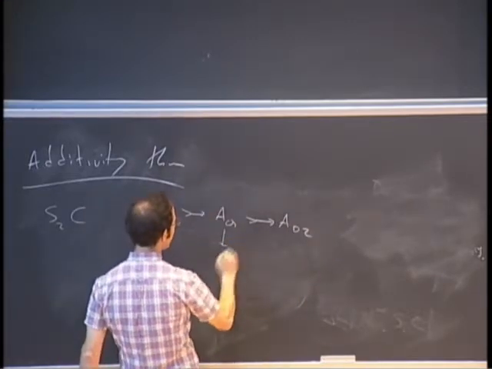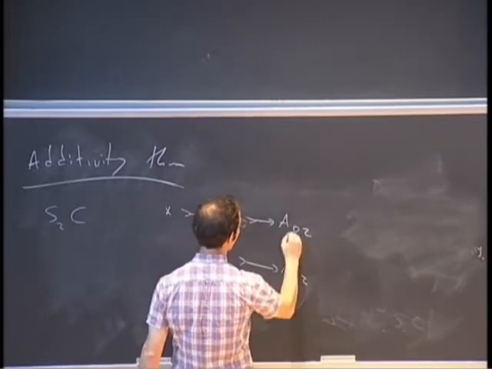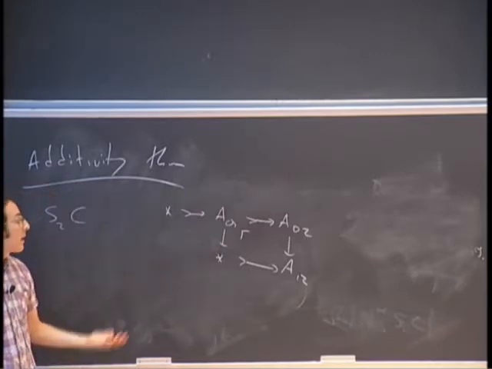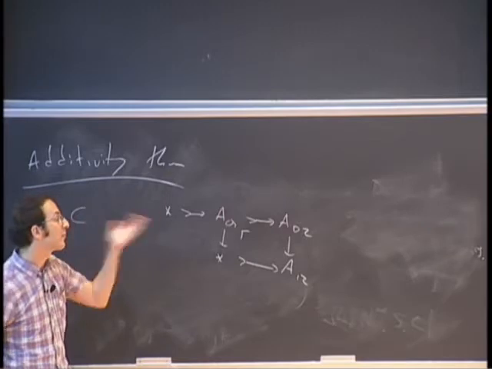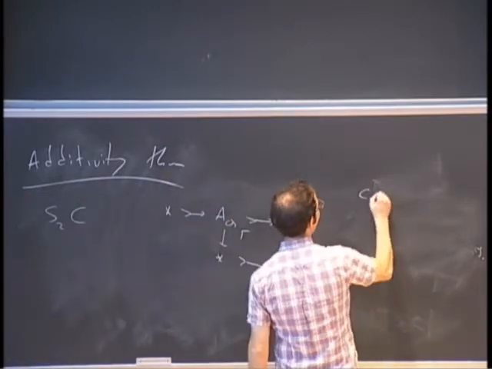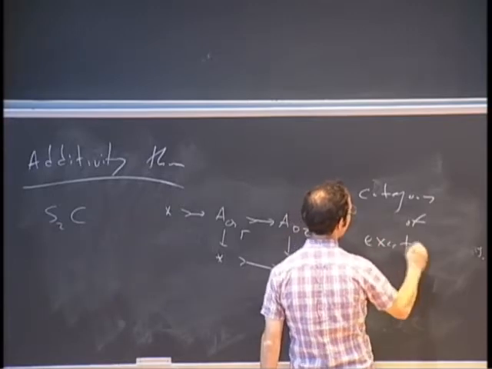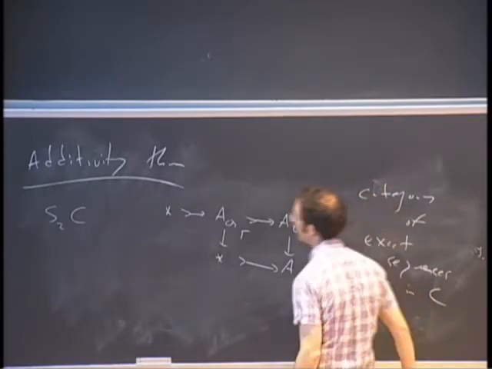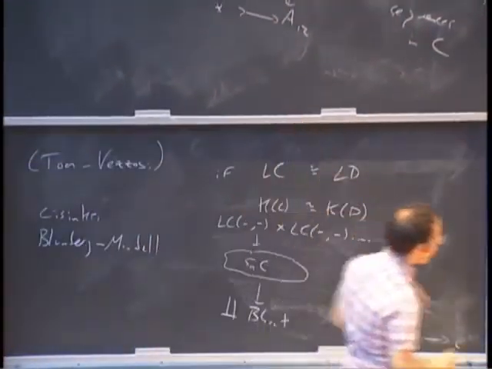And now, down here, I have another point, and this maps to A12. And I required that that was a push-out. So what am I writing? This is the category of cofiber sequences, and maps are natural transformations. So this is the category of exact sequences in C.